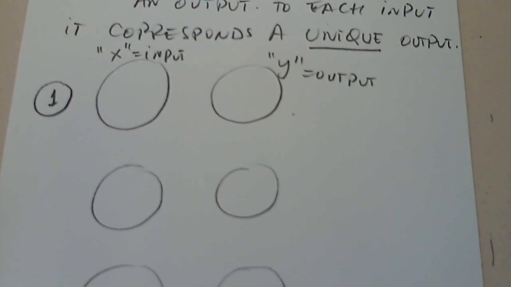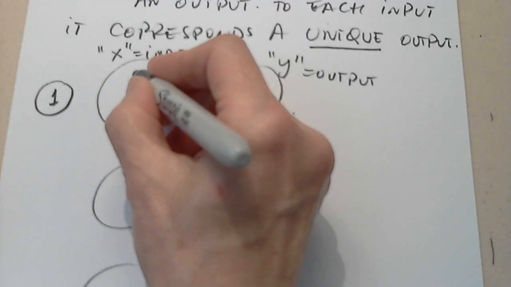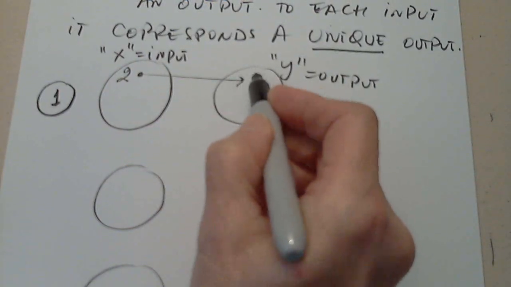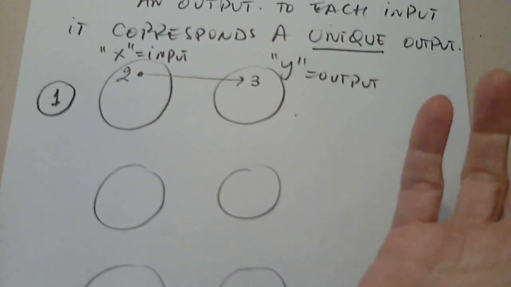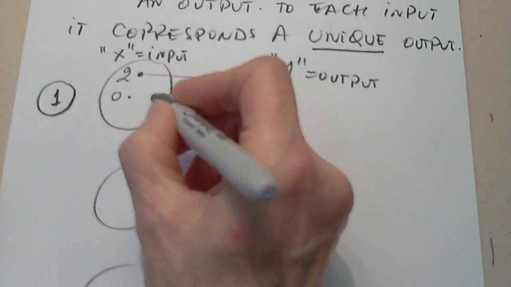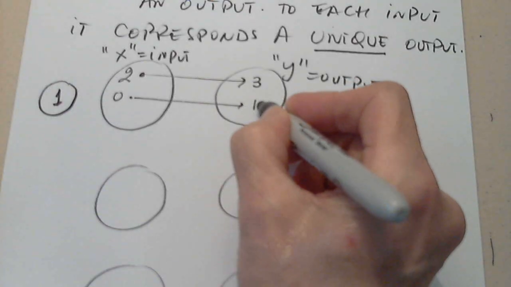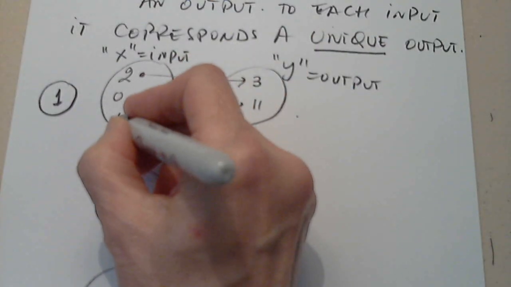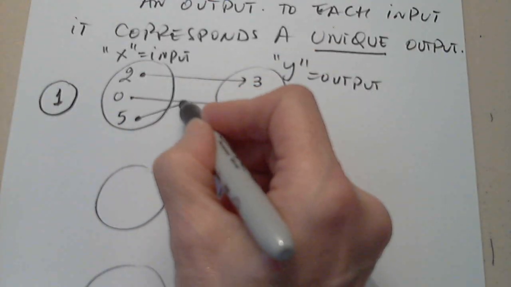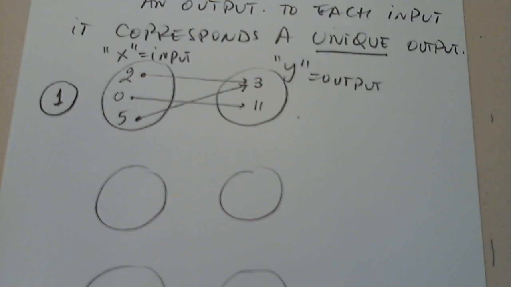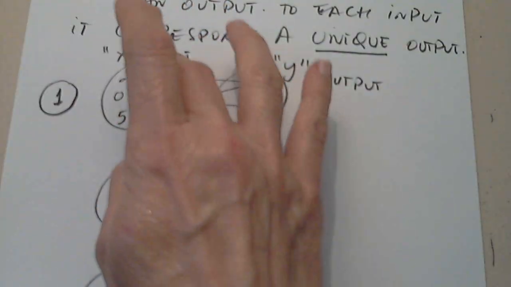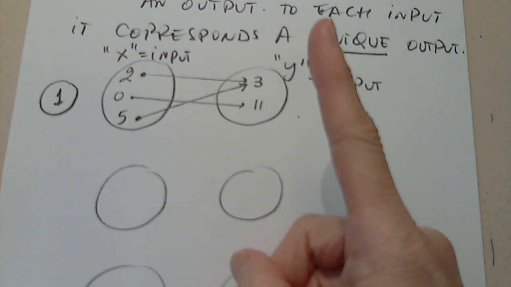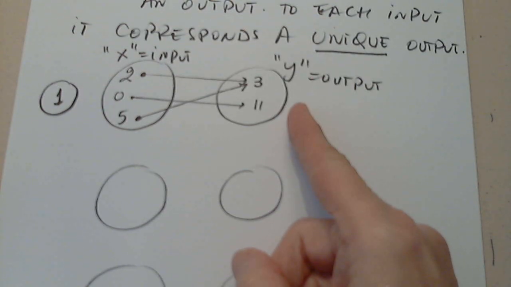So what happens is, to this x value, let's say 2, it corresponds 3. It's an example. Let's say to 0, it corresponds 11. Let's say to 5, it also corresponds 3. To each x value, it corresponds a unique y value.